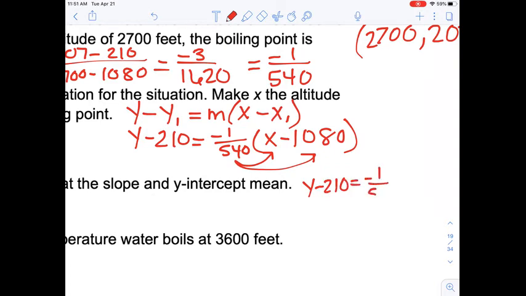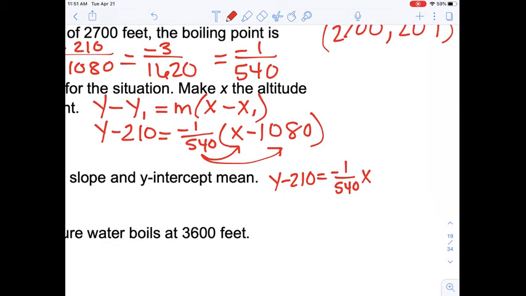So we have y minus 210 equals -1 over 540x. And then since this is a negative, we can add up. So it's going to be positive 1,080 over 540. And that actually simplifies to 2.